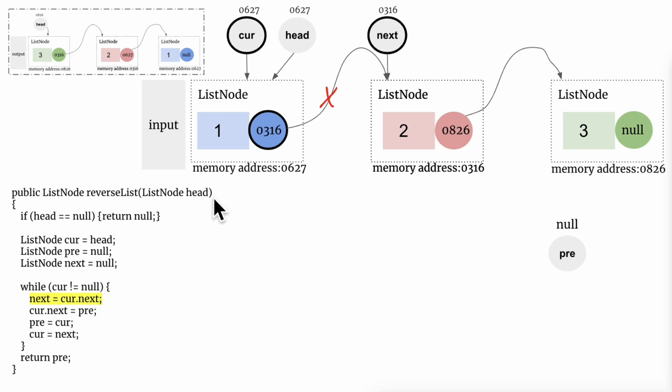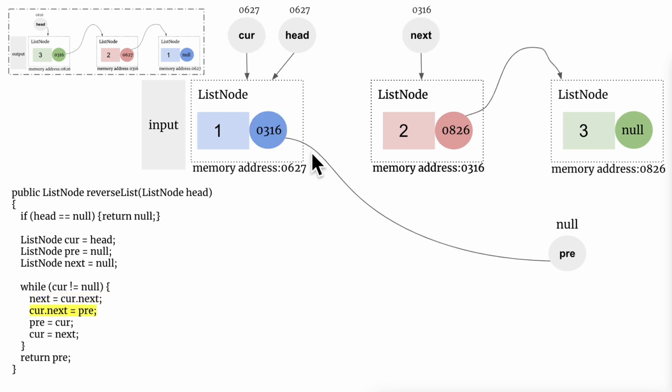So currently, next is maintaining the current next reference, which is 0316. And pointer pre helps me update node 1's next reference from 0316 to null.